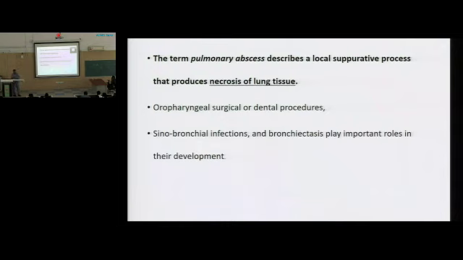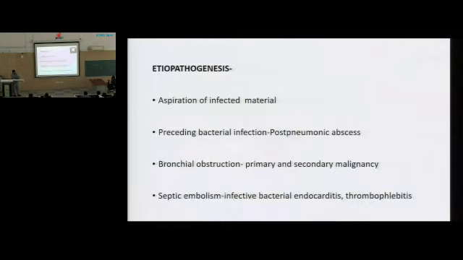Secondary lung abscess. In etiopathogenesis, there can be aspiration, or preceding bacterial infection, that is post-pneumonic abscess, or it can be due to bronchial obstruction, either primary or secondary due to malignancies.